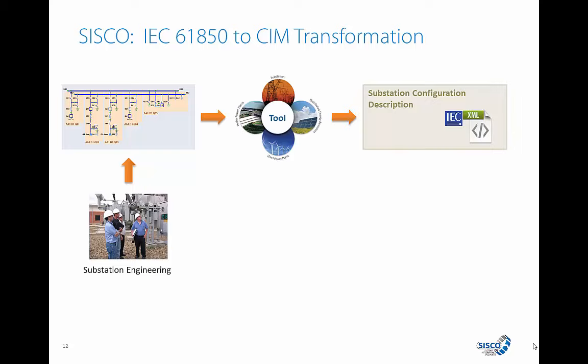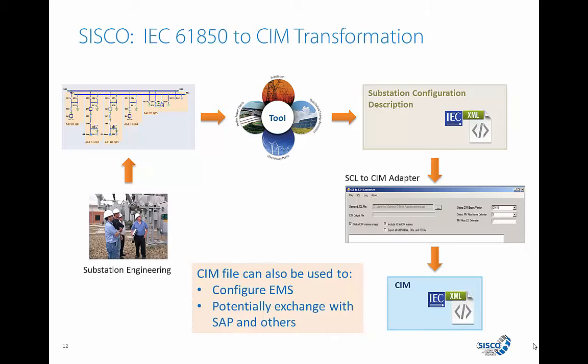The knowledge from substation engineering is imparted into a substation configuration description file, which is a standardized IEC file, through the use of what's called a substation configuration tool. The SCL file can be imported by a SISCO solution, which we know as the SCL to CIM adapter.